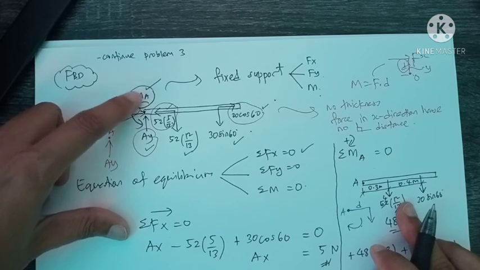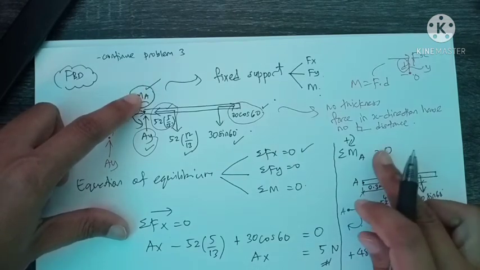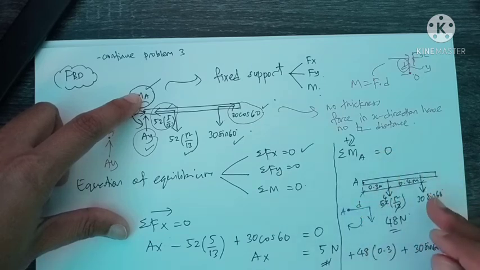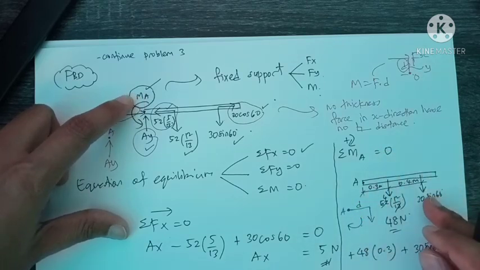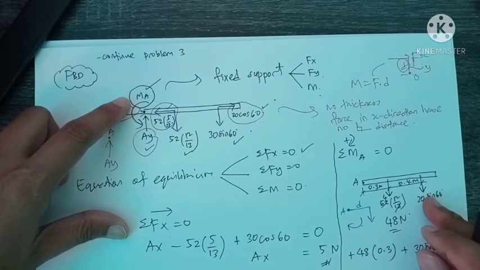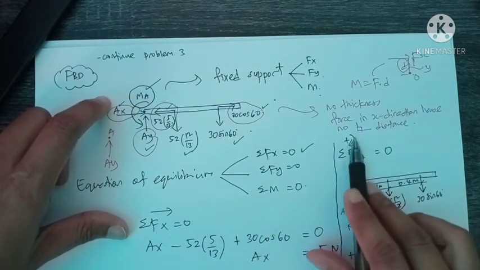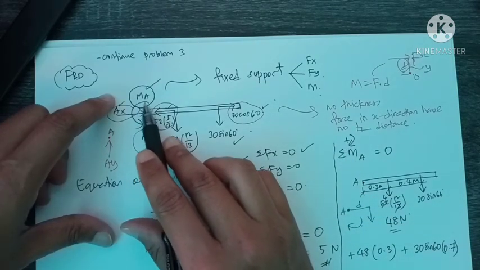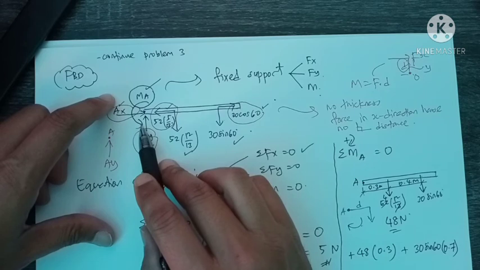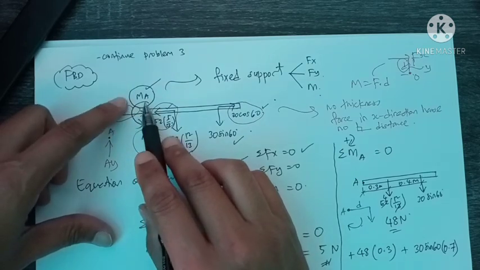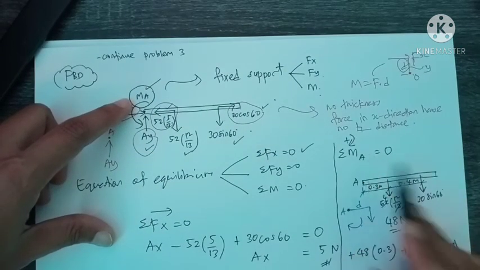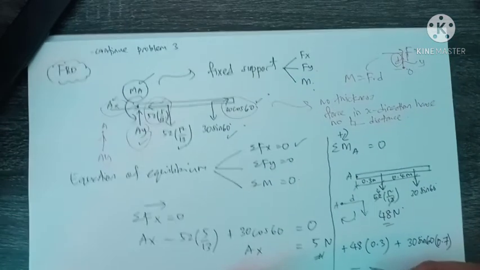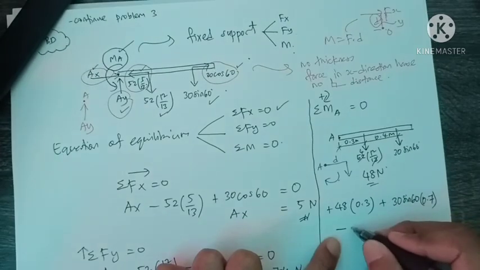All we need to do is check the sign, positive or negative. Since our reference is clockwise positive, and the unknown MA is indicated counterclockwise, when we put MA in this equation we must consider it negative. So here it becomes negative MA.